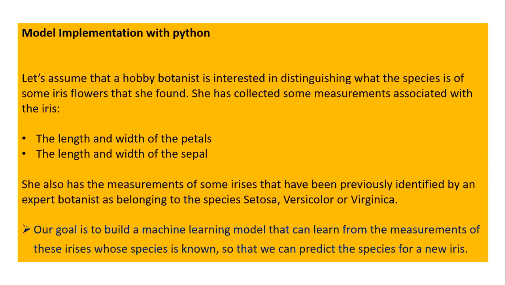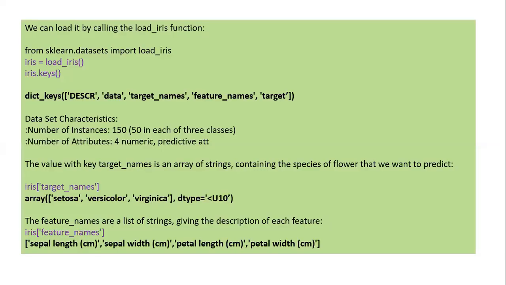And then we will not blindly trust our model, we will evaluate the model as well. Our goal is to build a machine learning model that can learn from the measurements of these irises whose species is known, so that we can predict the species for new irises.